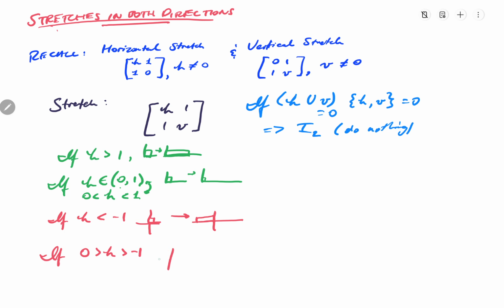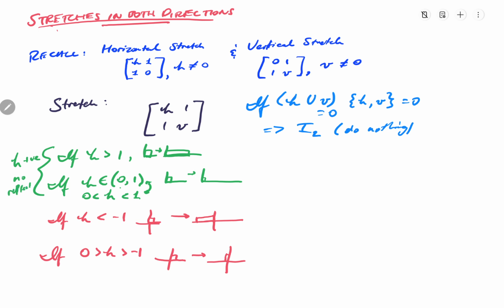If we started with our square, we would get a skinny negative square, or a rectangle that has had all the magnitudes of its x components made smaller and reflected in the y-axis. So to generalize this part, if h is positive, it won't be reflected.